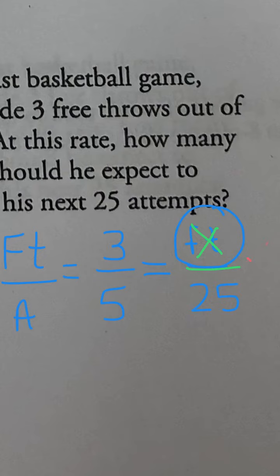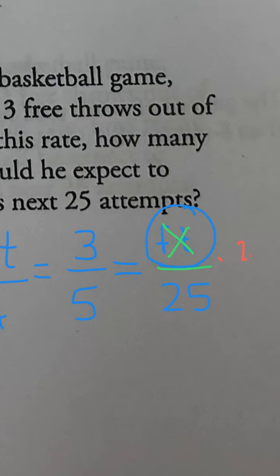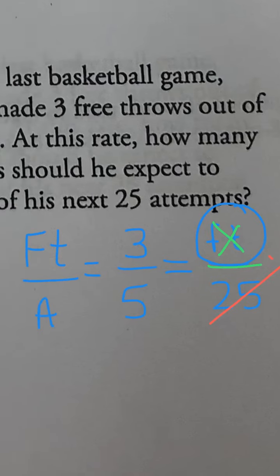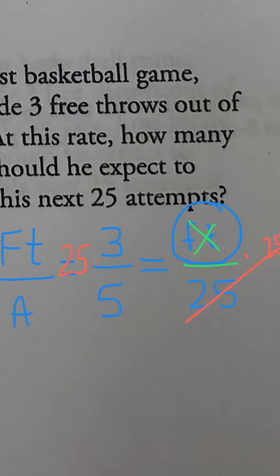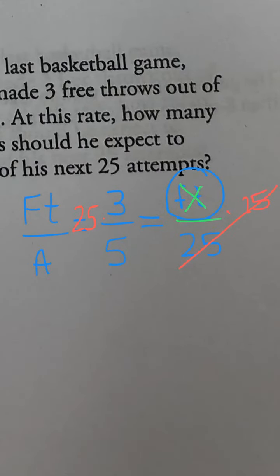Well, you need to multiply by 25 on both sides so that you can cancel out the 25. And that cancels. And on this side, I have to multiply by 25. Okay? So literally just put this in the calculator, and I'm going to type it in right now.